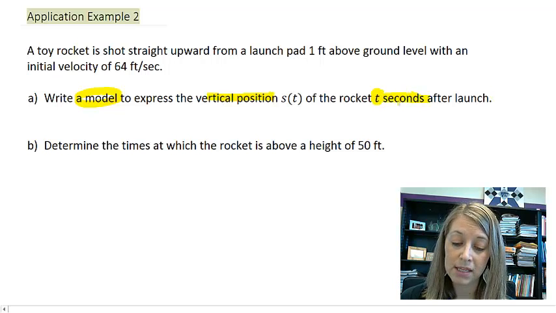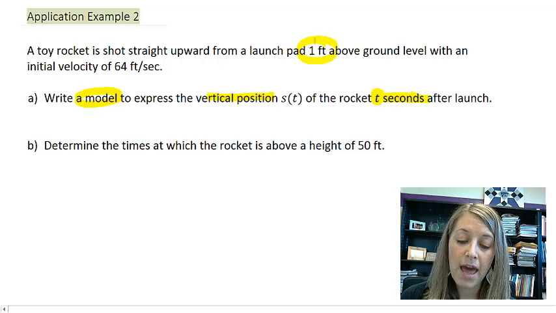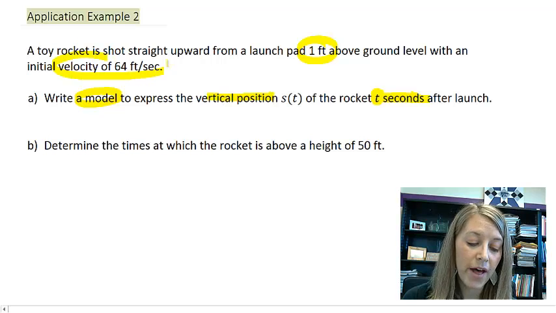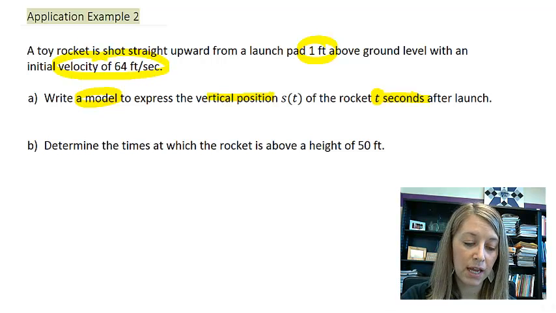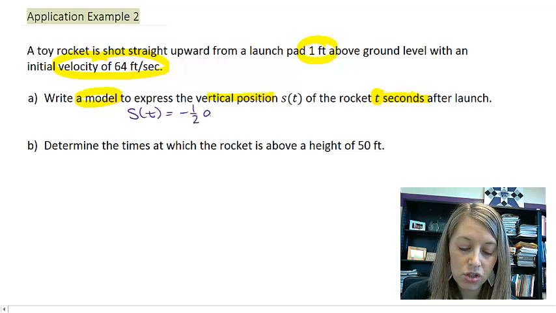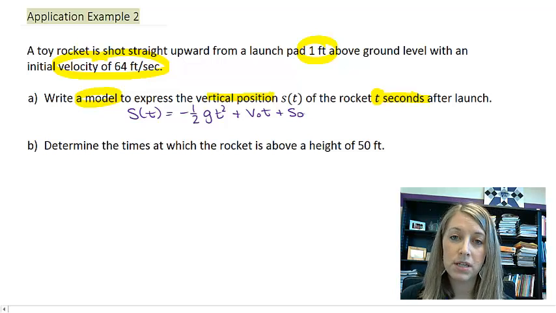Our time is in seconds in this. We also know that we have an initial height of 1 foot above ground level and a velocity of 64 feet per second. So our generic equation was S of t equals negative 1/2 g t squared plus our velocity times t plus the initial height.